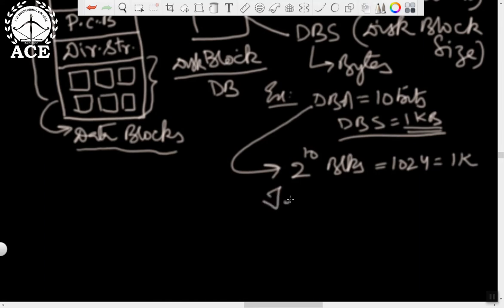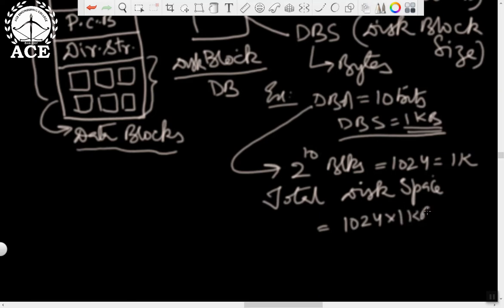Therefore the total disk size will be the number of blocks, 1024, into the size of each block, 1 KB, which is equal to 1 MB.